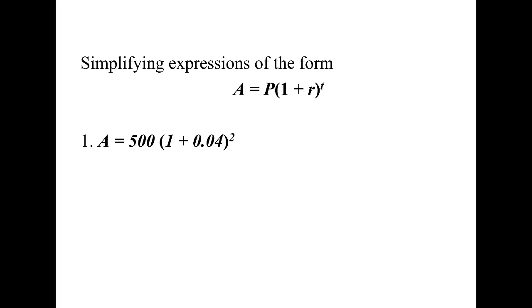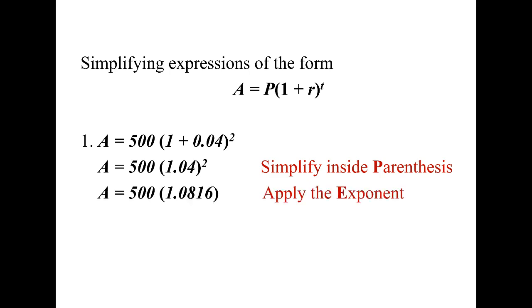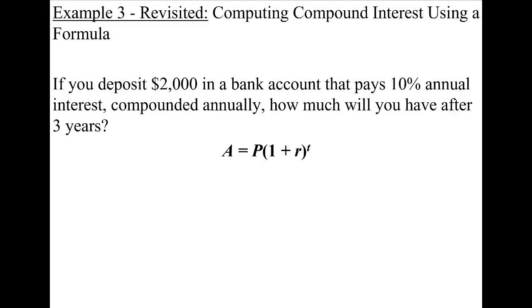If we're trying to simplify, for example, A equals 500 times (1 plus 0.04) squared, so to the power of 2, first, we're going to simplify inside the parentheses. So we get 1.04 inside parentheses. Then we apply our exponent, so we square 1.04 to get 1.0816.